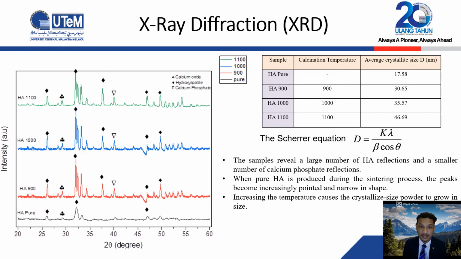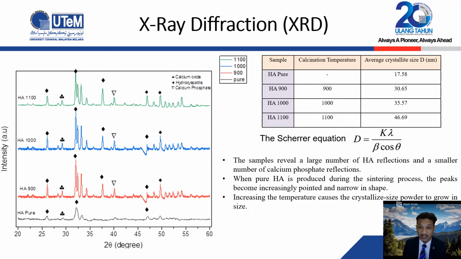This is probably due to impurity during pre-treatment of the HA powder. Meanwhile, HA produced at 1100 degrees Celsius has sharper and more apparent peaks. This indicates the HA at 1100 degrees Celsius has higher crystallinity compared to HA at 900 and 1000 degrees Celsius.